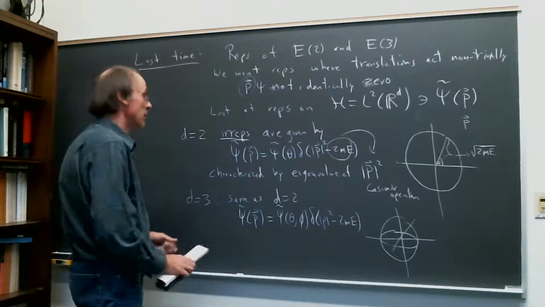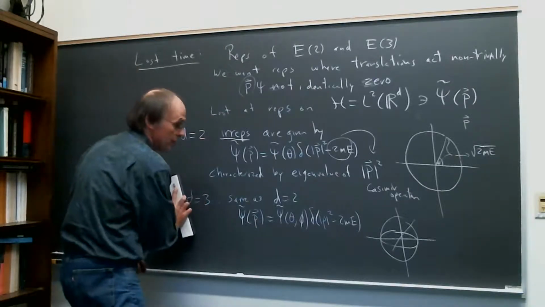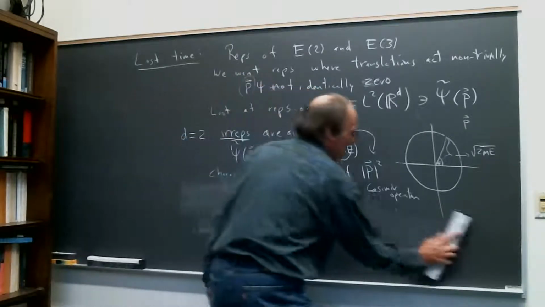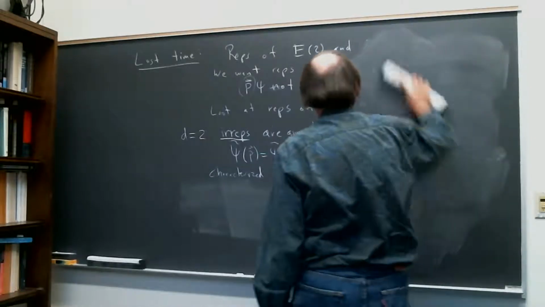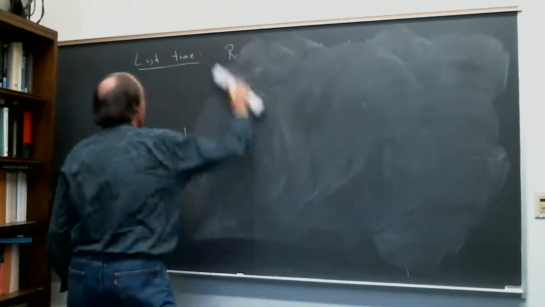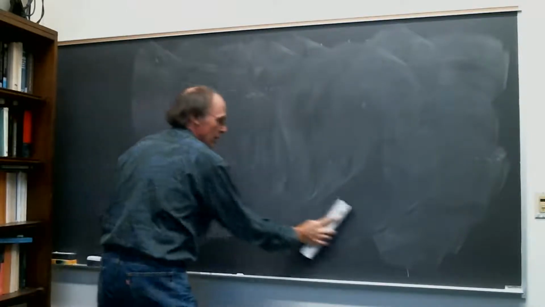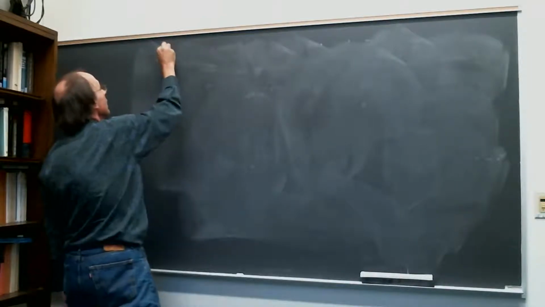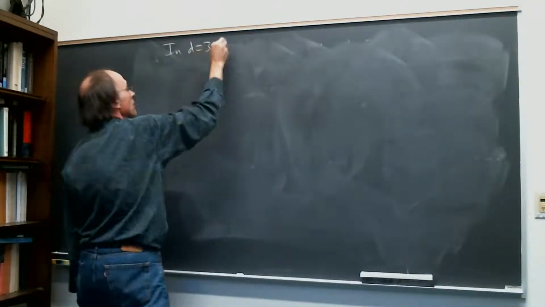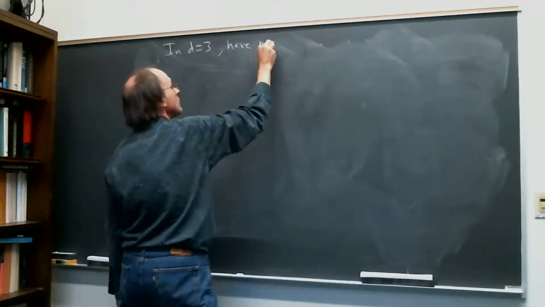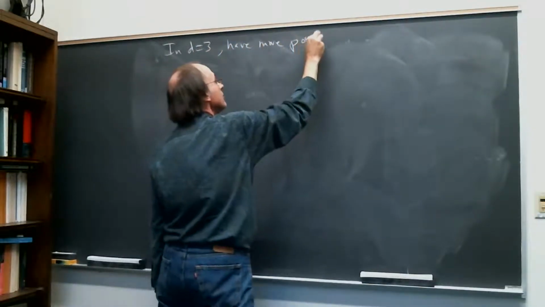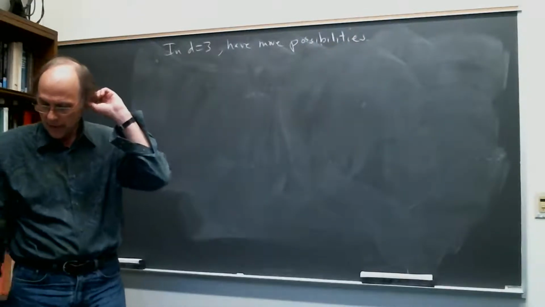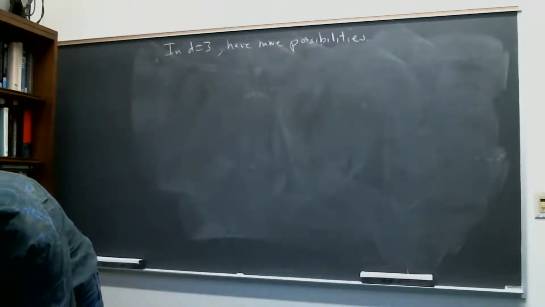Okay. So now the other stuff in 3 dimensions. In D equals 3, you have more possibilities, and there are various ways of labeling these other possibilities.